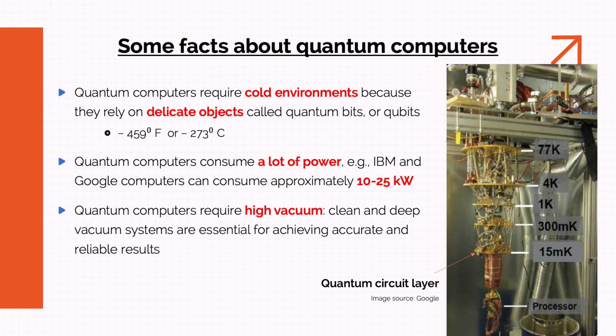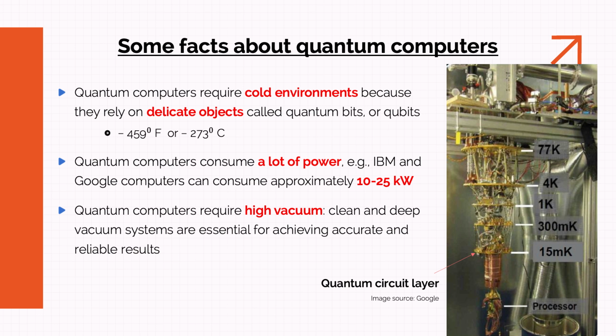Several facts: the quantum computer is still very challenging to manage currently because it requires a very cold environment, up to about minus 459 degrees Fahrenheit, or something like minus 273 degrees Celsius.